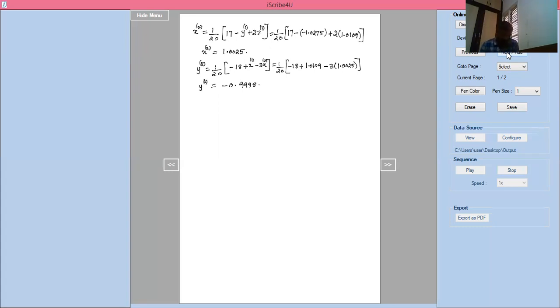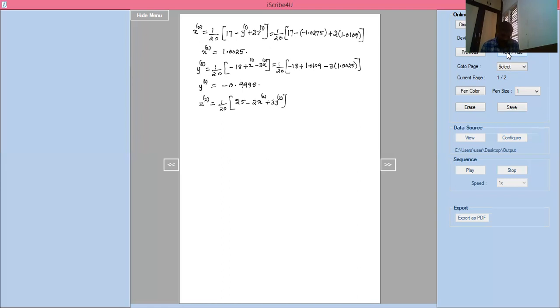Similarly, z of 2 equal to, new values, whatever values we get, those values we are substituting here. Similarly, z of 2 equal to 25 minus 2x of 2 plus 3y of 2.